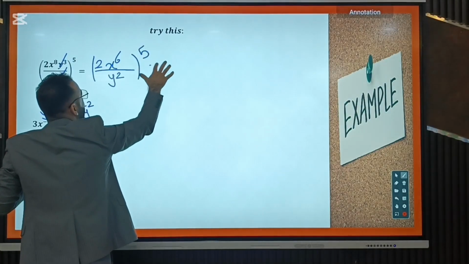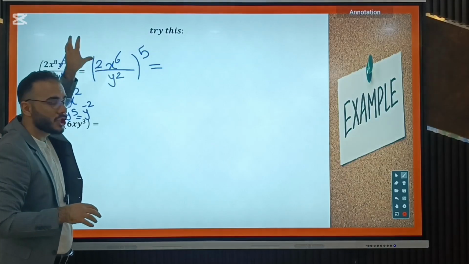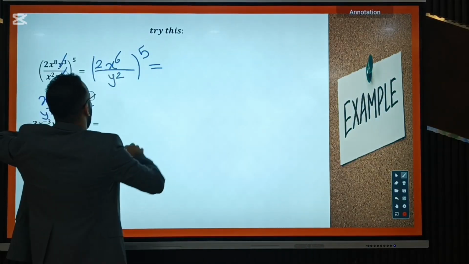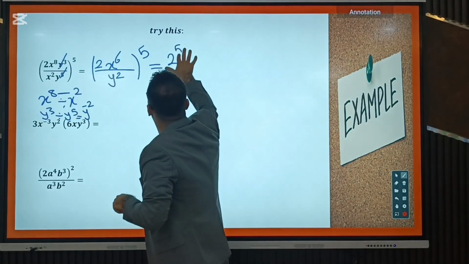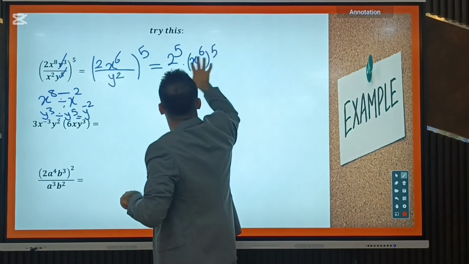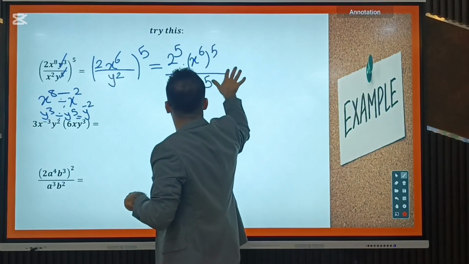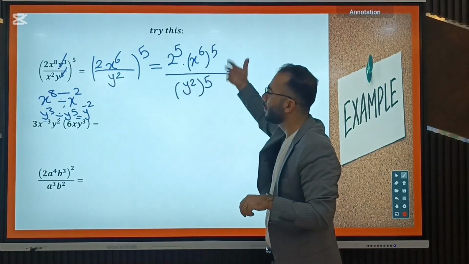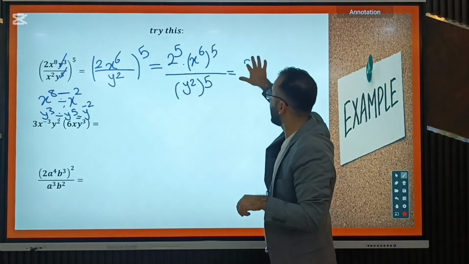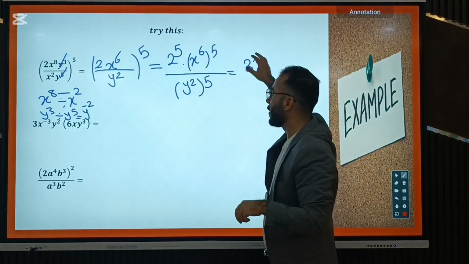So all powered by 5. Right now, that power of 5 will work on each term inside this bracket. So 2 to the power of 5 times x to the power of 6, all to the power of 5, over y to the power of 2, all to the power of 5. So let's simplify. 2 to the power of 5 is 32, times x to the power of 6 to the power of 5.